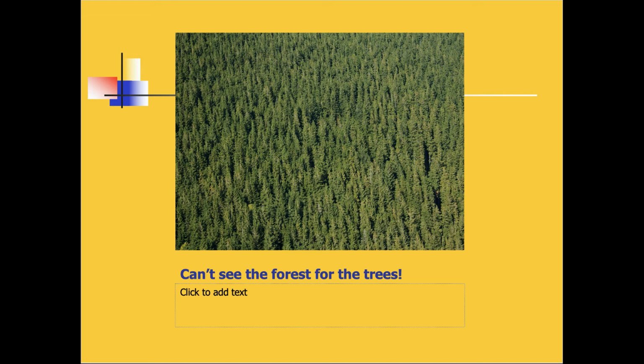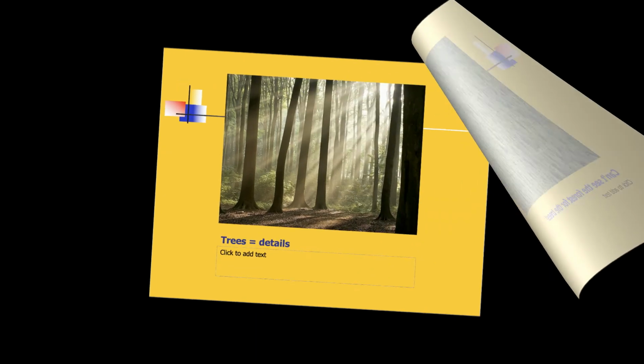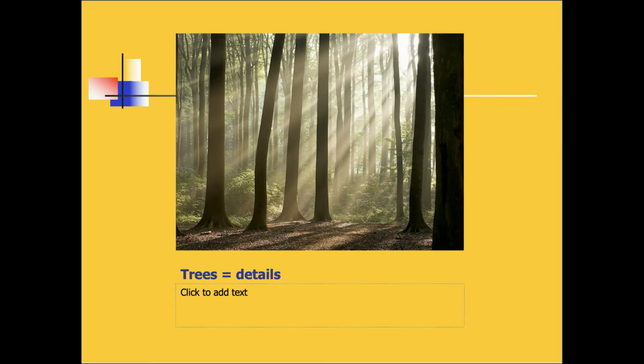To say that a speaker has become lost in the forest, or they can't see the forest for the trees, means that they are focusing on each of the details. Those details are in the next image, all of those individual trees. In other words, they sometimes get caught up in the details, and there are so many details, they can't get a bird's eye view to see the forest.